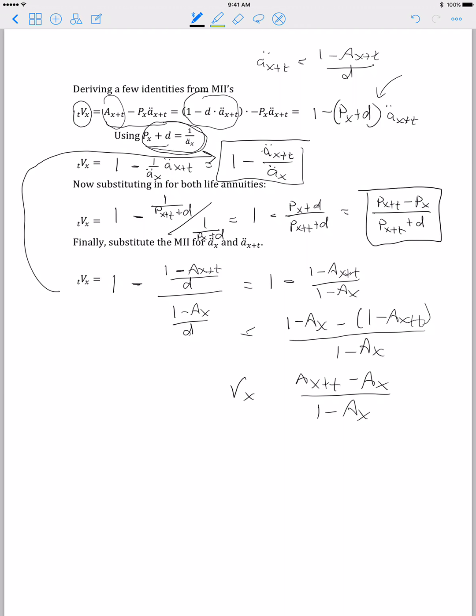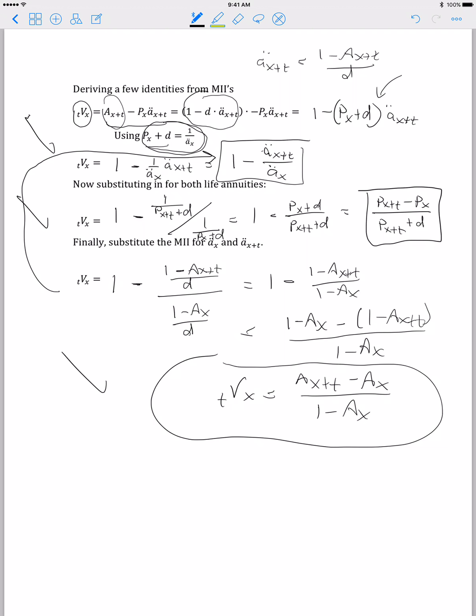And so here's yet a third identity for the terminal reserve for whole life issued to age x at the end of your policy year t. Okay, so we have 3 basic identities, one involving life annuity dues, one involving the net level premiums, and a third one involving the actuarial present value of the insurances at ages x and x plus t.